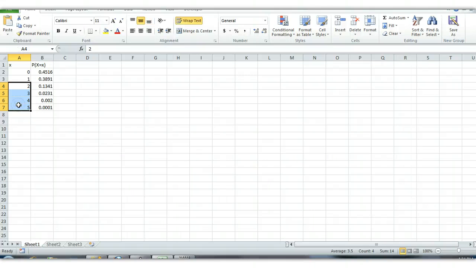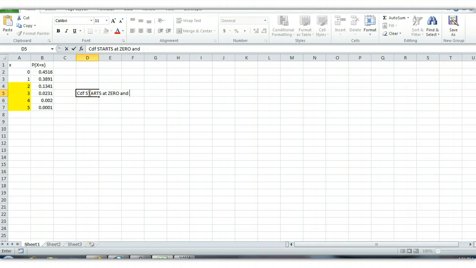These things are satisfying it. So I'm going to highlight those. Remember, the CDF always starts at 0 and adds until you tell it to stop. So it starts at 0 and adds where you tell it to stop.